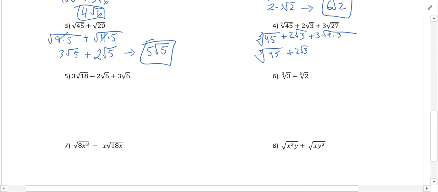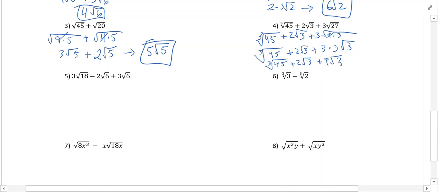And then this last term I need to simplify. So I have plus 3 times the square root of 9 is going to give me 3. And I still have this rad 3 here. So when I simplify this, 3 times 3. So again, I'm just going to bring this down. The cube root of 45 plus 2 rad 3 plus 9 rad 3.